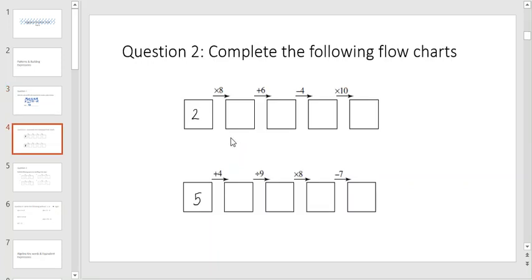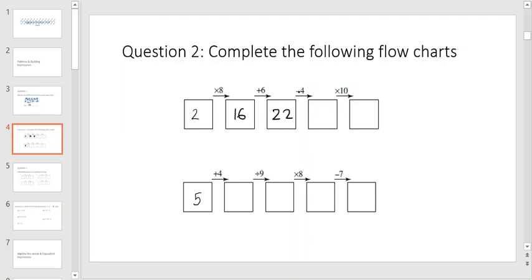Okay, question 2 says complete the following flowcharts. And they have given us a starting number, and we have to apply the operations to each answer we get. So if I start with 2, 2 times 8 is 16. And then I'll just keep following the flowchart. 16 plus 6 is 22.